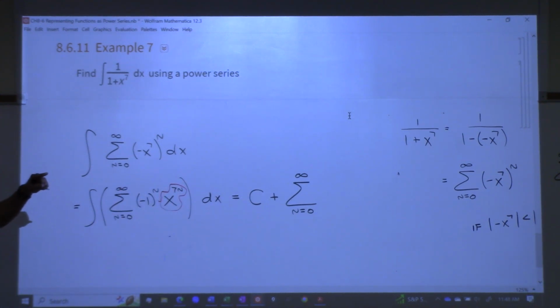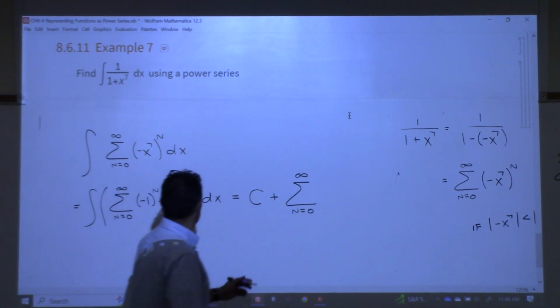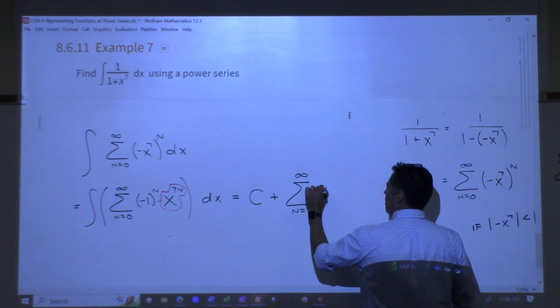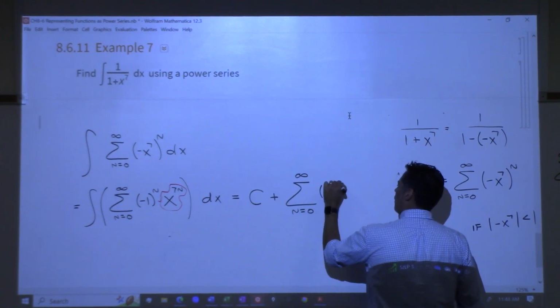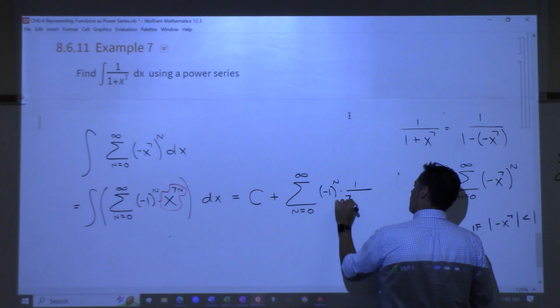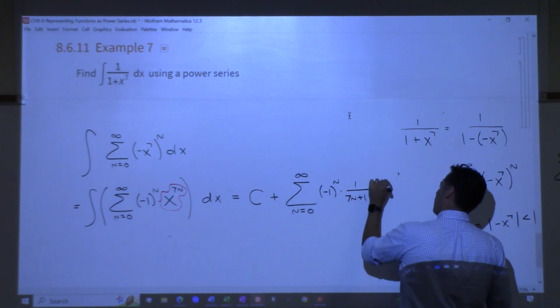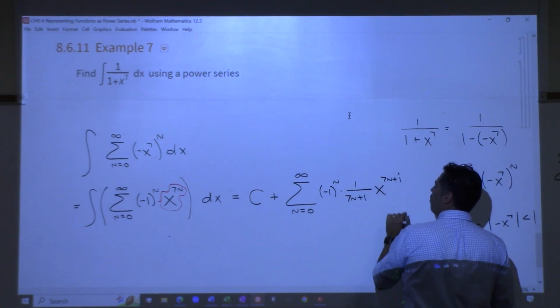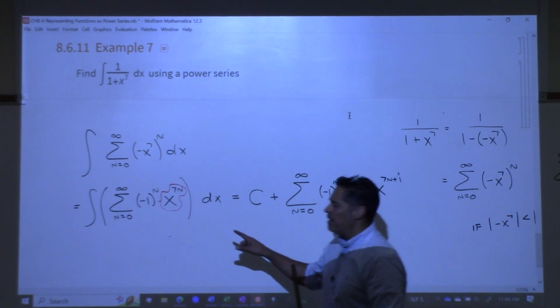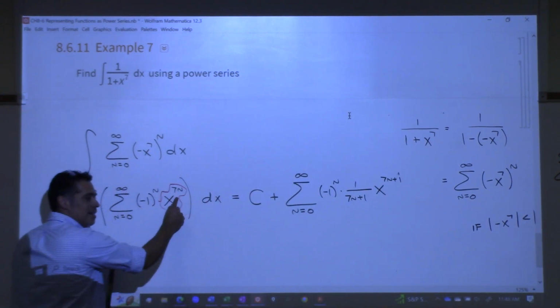Antiderivative power rule. So what's the antiderivative of that? 1 over 7n plus 1, x to the 7n plus 1. And then the negative 1 out in front stays. I am only taking the antiderivative of the part that has the x in it, right?